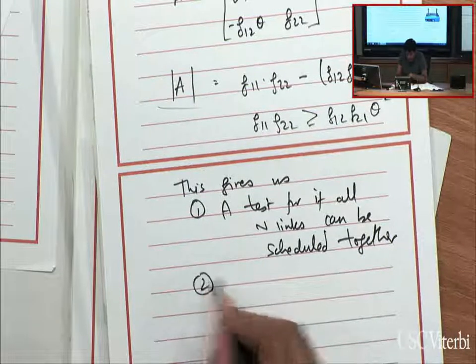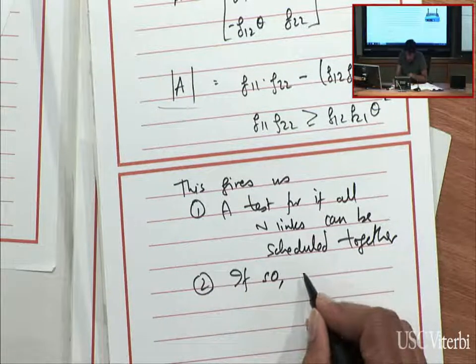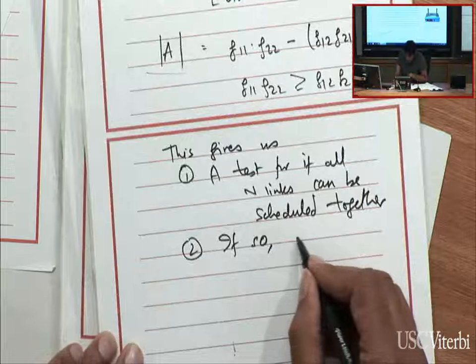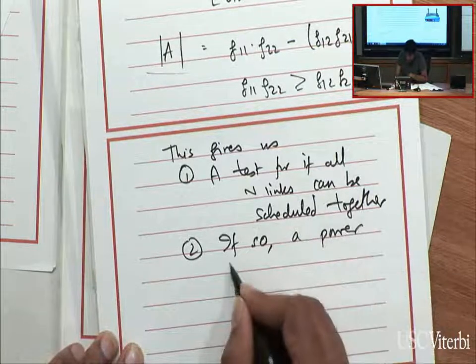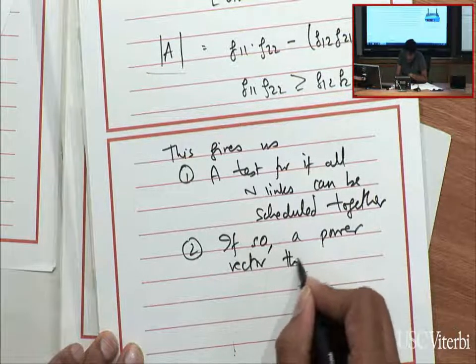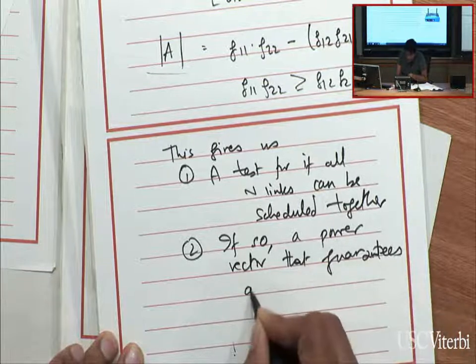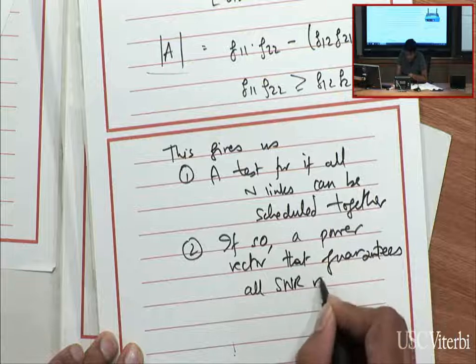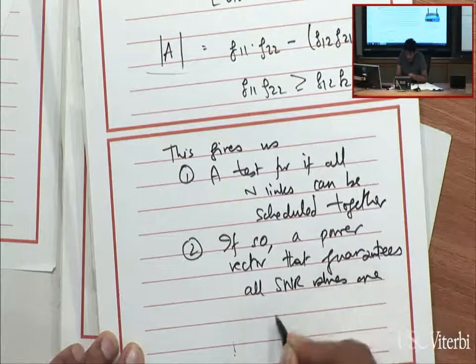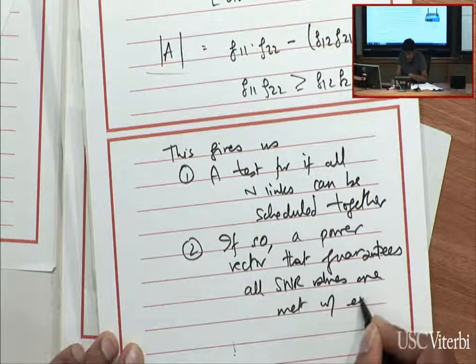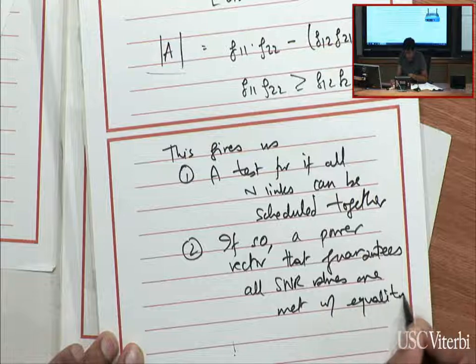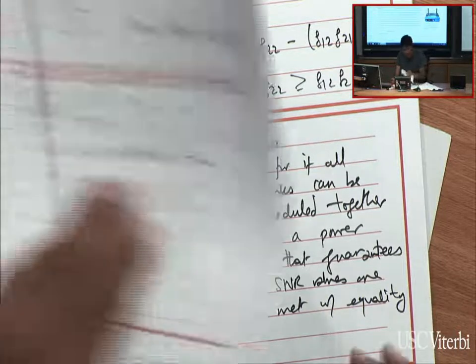And two, if so, a power vector that guarantees all SINR values are met with equality, right?